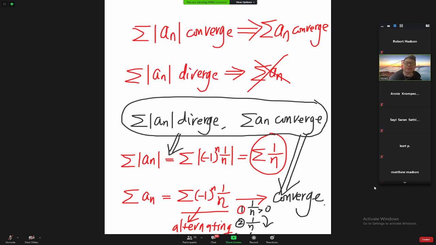Is that a good one? Absolute value diverges, but a_n converges. This is very, very interesting stuff. Now, did you get that? Any confusions?